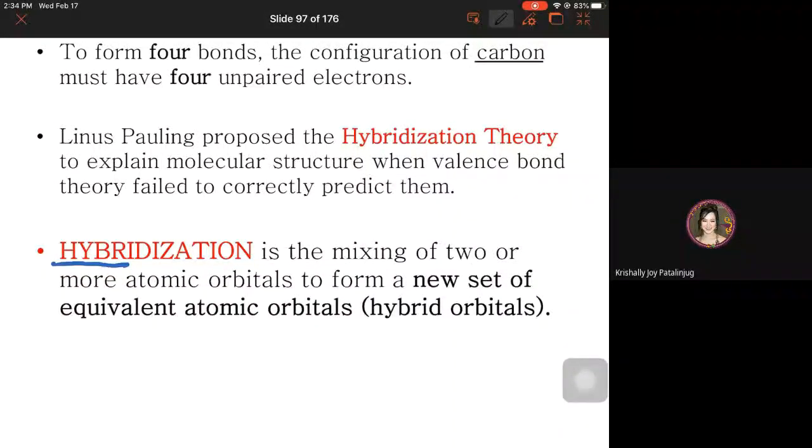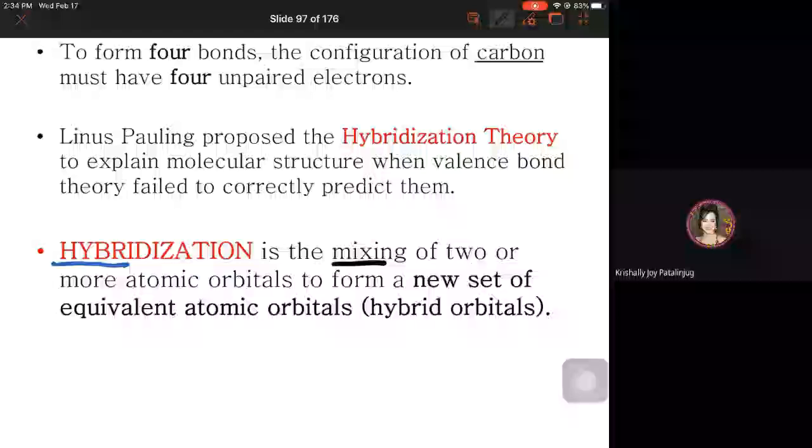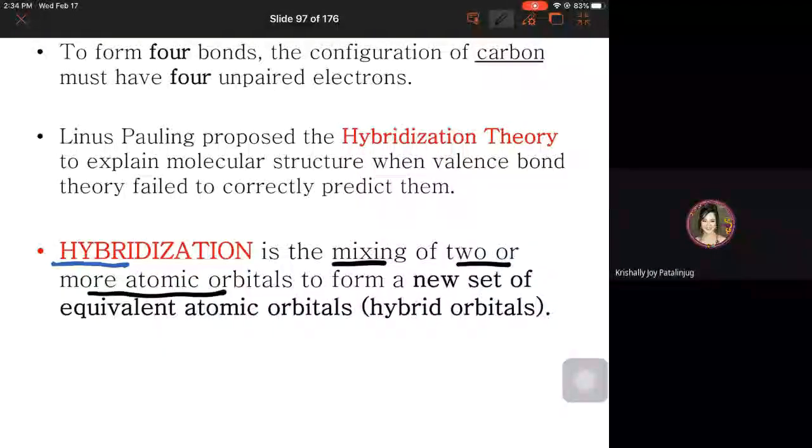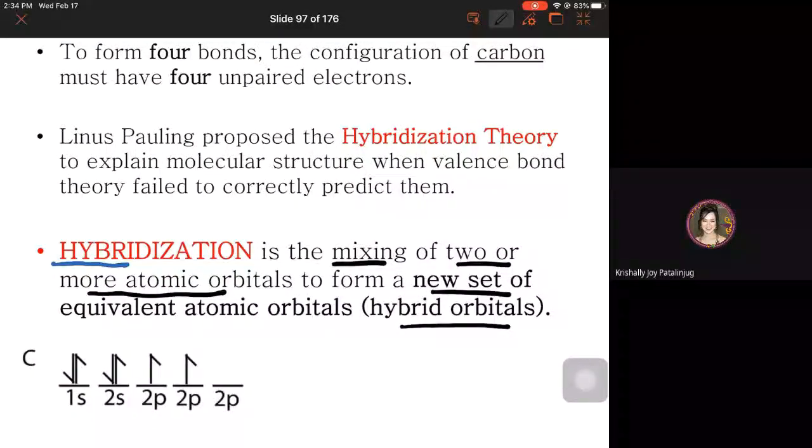Hybrid is combining or mixing 2 or more atomic orbitals to form a new set of equivalent atomic orbitals. Yung tawag doon sa new set ng equivalent atomic orbitals, they are known as hybrid orbitals.